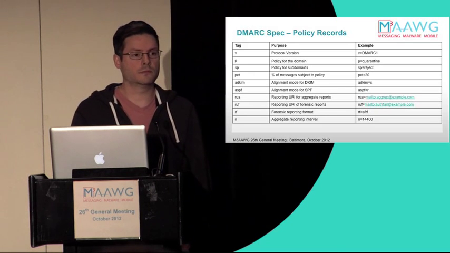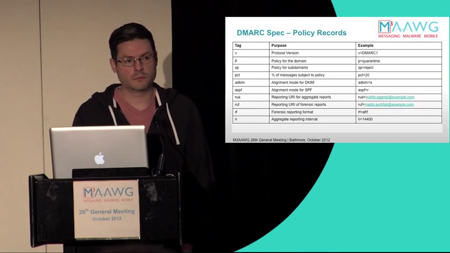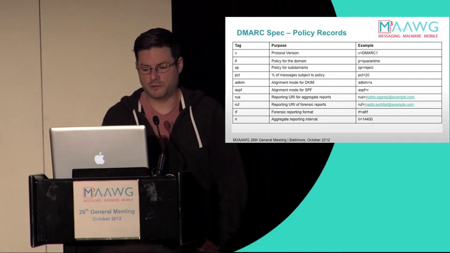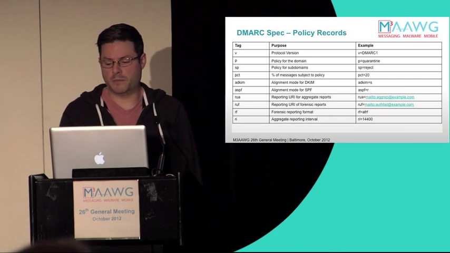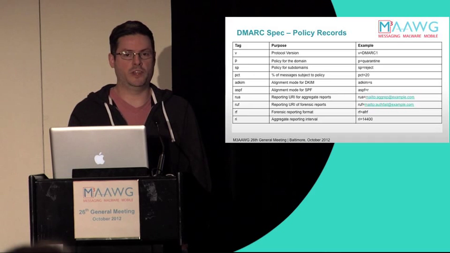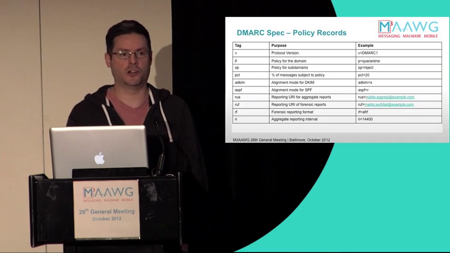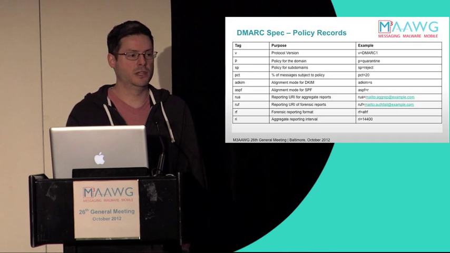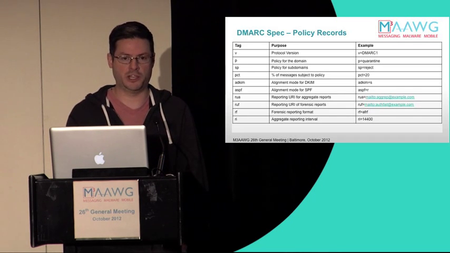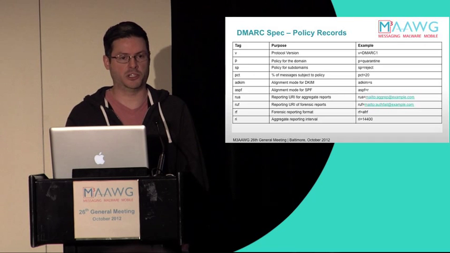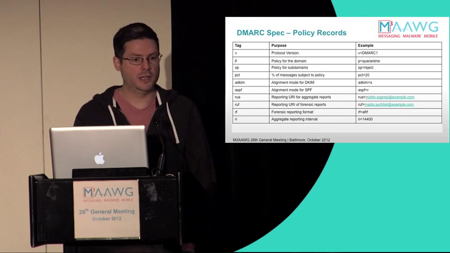What is the reason for allowing different alignment modes for DKIM and SPF? Okay, it's a good question. Again, going back to the fact that most of the people in this room have had a long-standing email sending practice. If you're on the sending side, you almost certainly don't do it all yourself. You work with multiple partners.